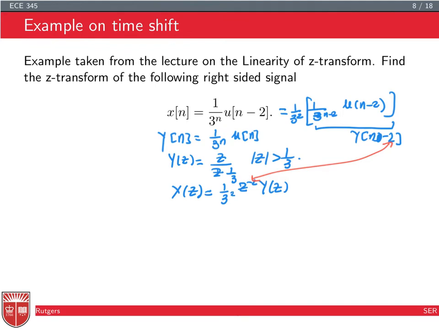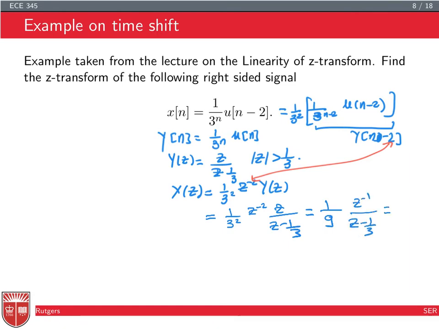Now I can just replace Y of z by its value. So I have 1 over 3 squared, z to the power minus 2, and Y of z is z divided by z minus 1/3. Now you get 1 over 9 times z to the power minus 1 divided by z minus 1/3.